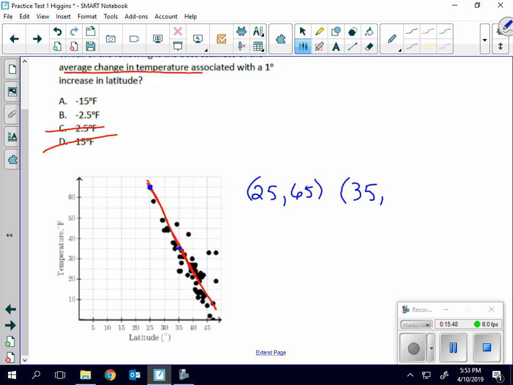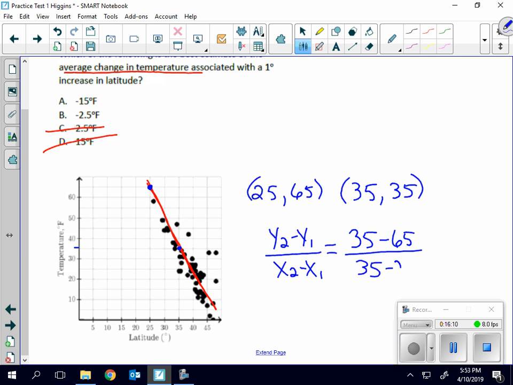And is that also 35 on the y? Yep, 35 on the y. So we're just going to find the slope and see what happens. y2 minus y1 over x2 minus x1. So we have 35 minus 65 over 35 minus 25.